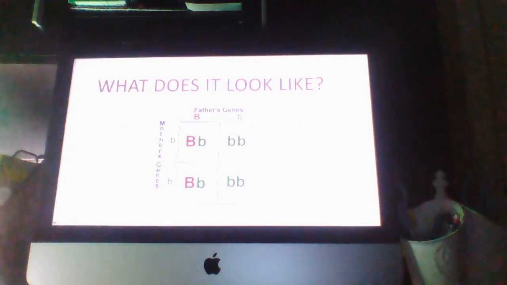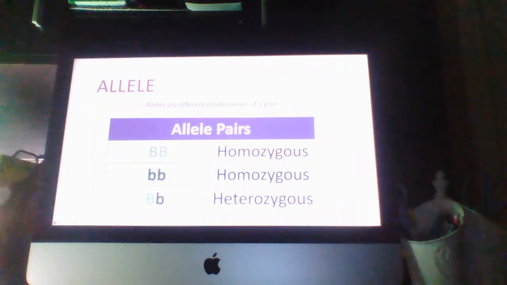So here's what it looks like. It's a larger square with 4 squares inside, with each square counting for 25%. You can have mother's genes on one side and father's on the other. We'll talk about what those letters stand for. So then you have allele pairs. When you have capital letters, 2 together, those are homozygous pairs, okay?